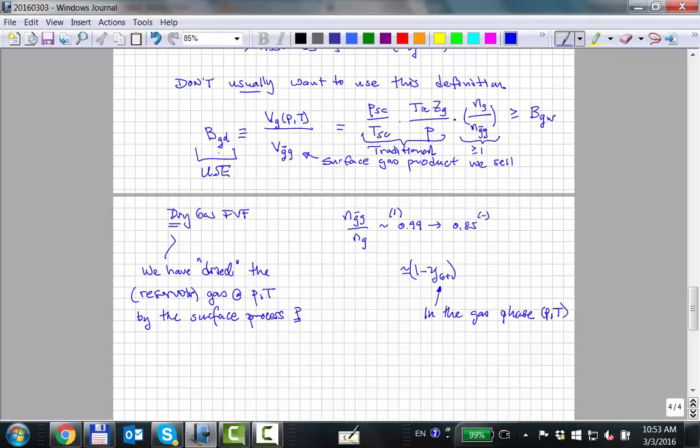I'm going to write like that, okay? To surface dry sales gas. We've extracted the liquids, which we call condensate or surface oil. Okay, we've dried this gas at P and T by processing it.